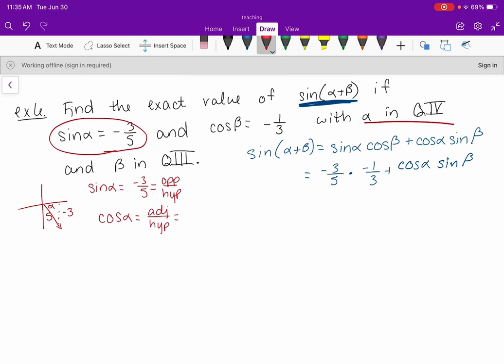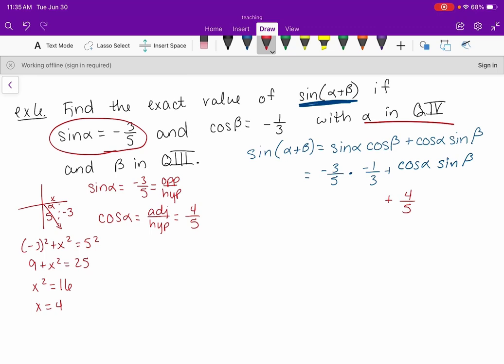I can use the Pythagorean theorem to find that missing side. So I have negative 3 squared plus x squared equals 5 squared. 9 plus x squared equals 25. X squared equals 16, so x equals 4. And it would be positive because we're on the positive x-axis. 4 over 5. So now I have my cosine alpha is 4 over 5.